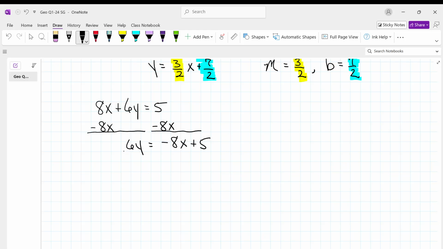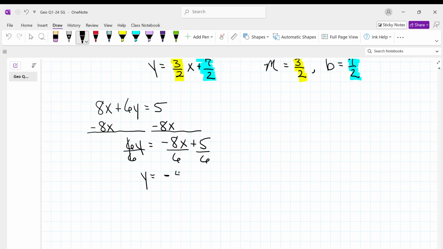We're going to divide everything by 6 now. So these 6's cancel, and y is equal to negative 8 over 6. 8 and 6 are both divisible by 2.